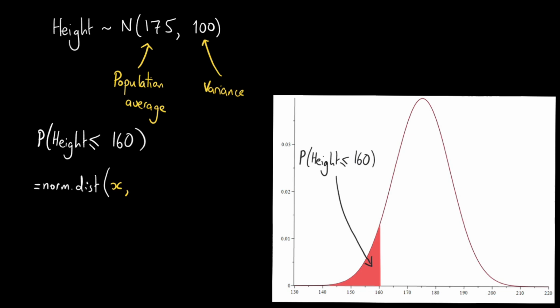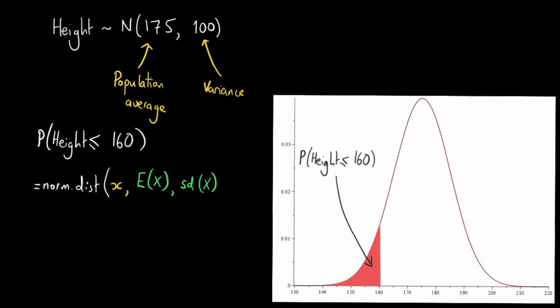Then we would need to specify the expectation and the standard deviation of the normally distributed variable. So we could have the expectation of the random variable, which we represent as E of X, and the standard deviation of that random variable.